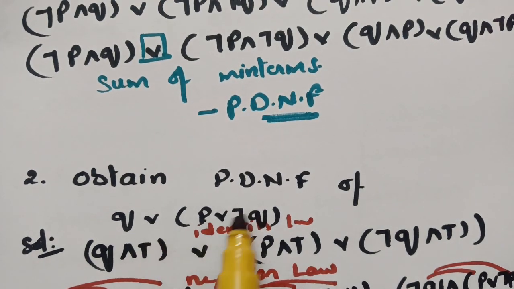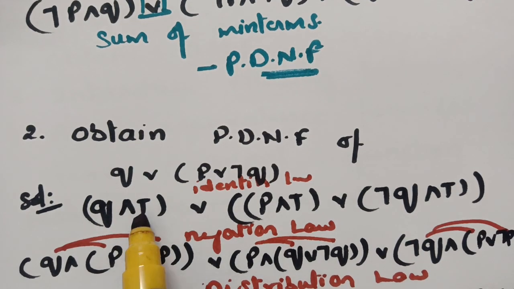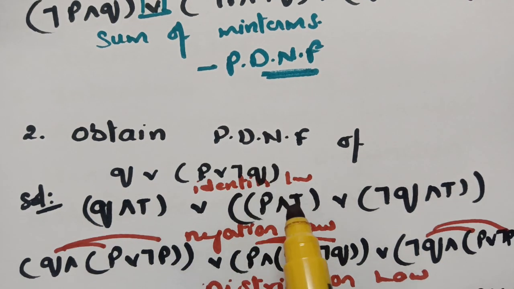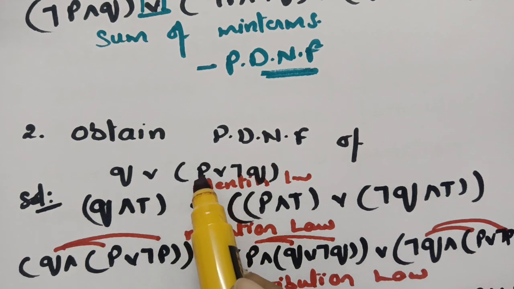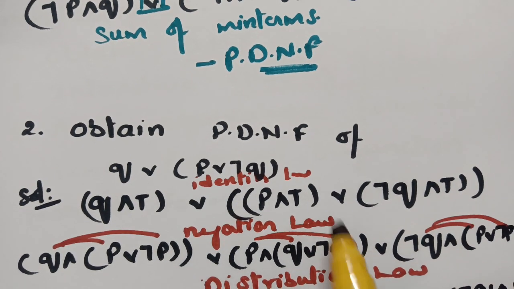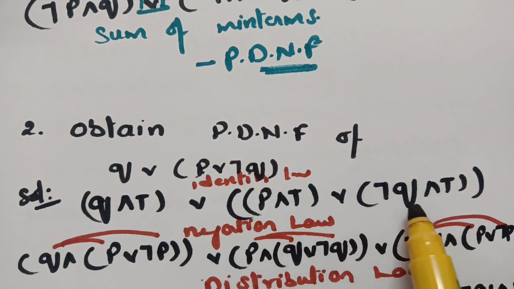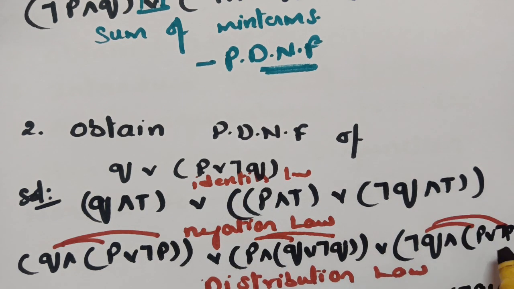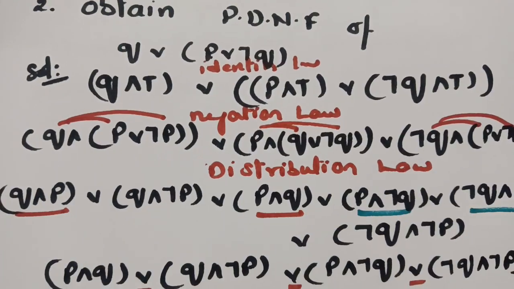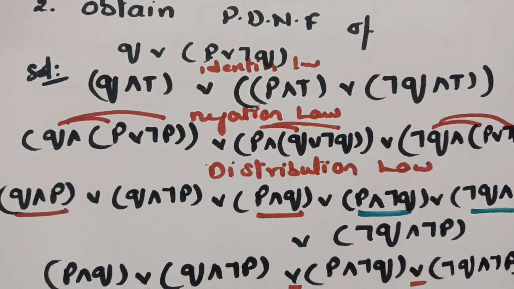As there is no implication or double implication, straight away we can add up the missing term. Here Q is there, so instead of writing P, I have introduced a true here. So for P, Q is missing. For Q, I have introduced true instead of writing P. So after using the distributive law, the sum of all the minterms is nothing but PDNF.